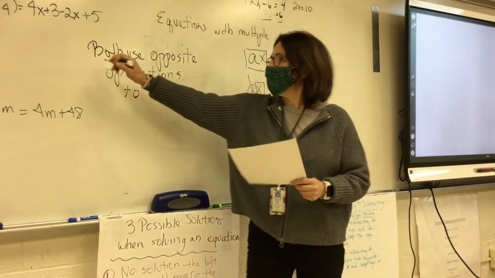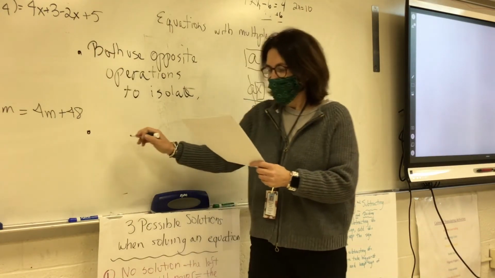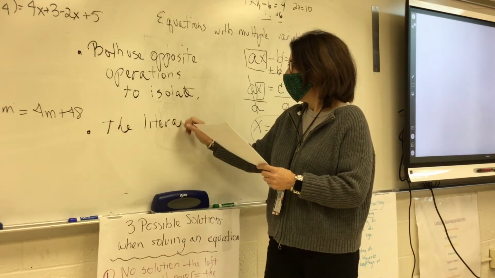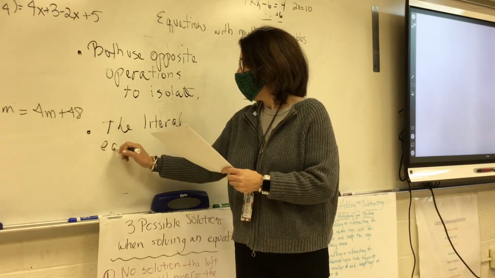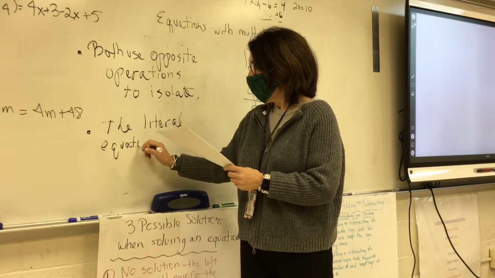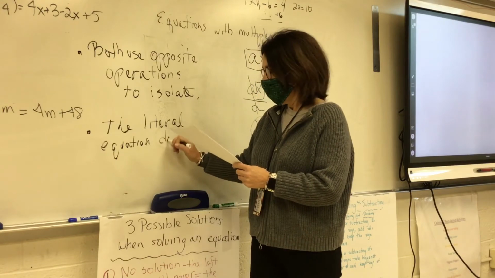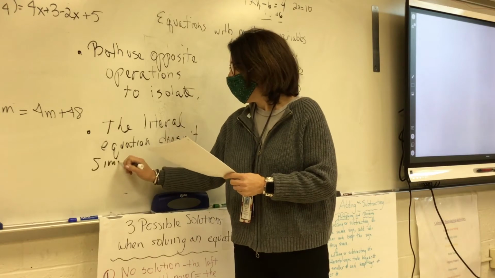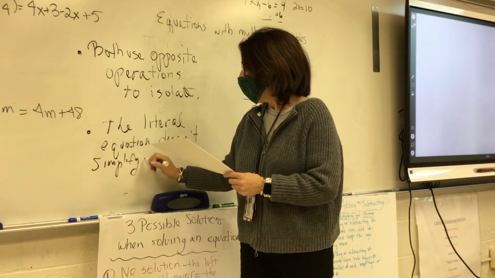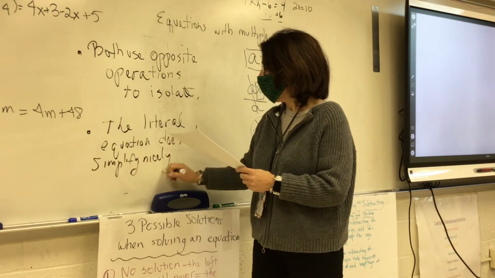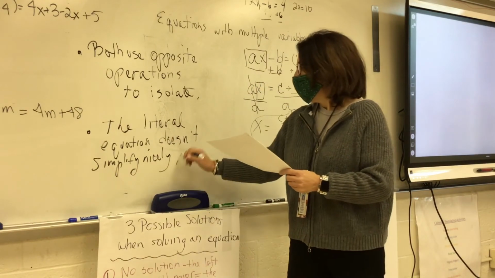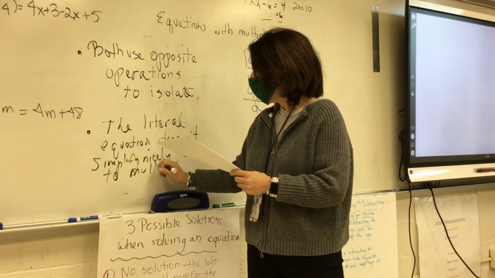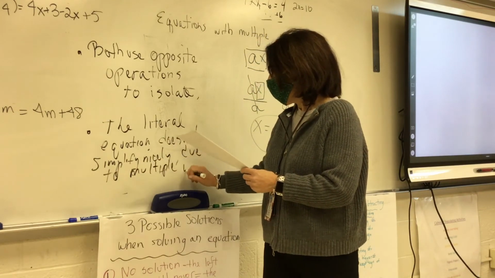The second bullet point should have: the literal equation doesn't simplify nicely, because you're not getting a pretty number as an answer, due to multiple variables.